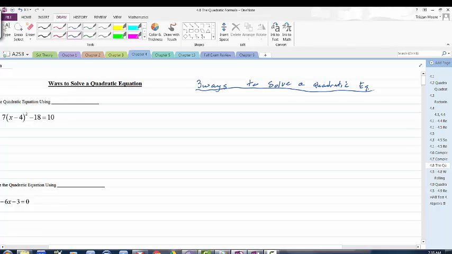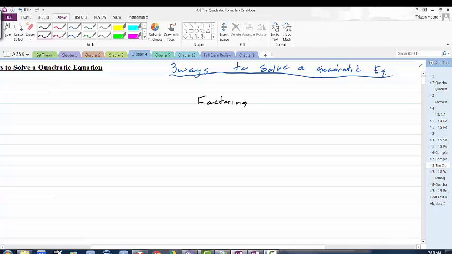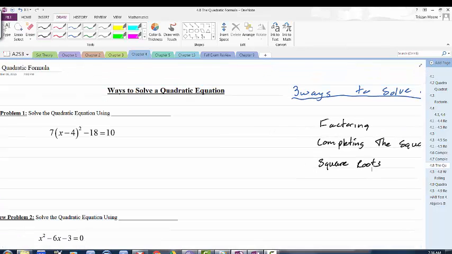Those 3 ways are: you can solve by factoring, you can solve by completing the square, or you can solve using square roots. Those are 3 ways that we know so far.